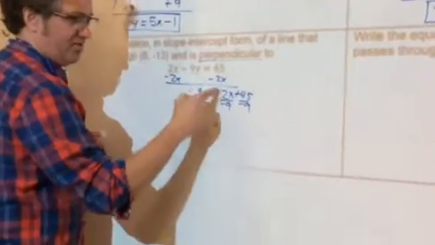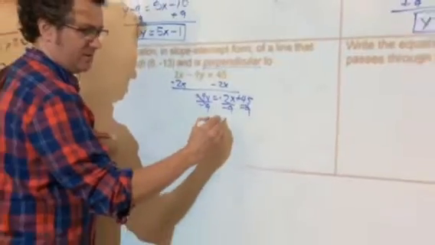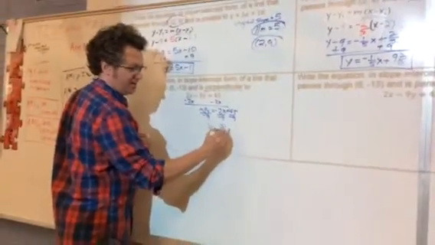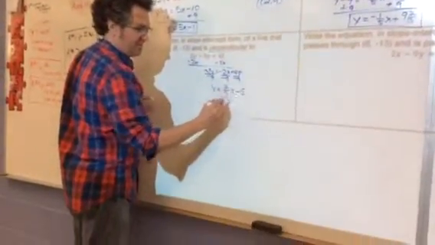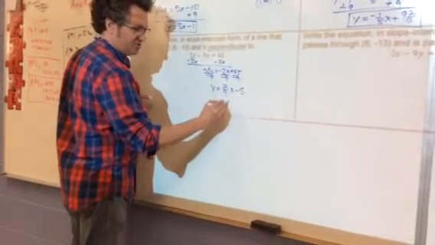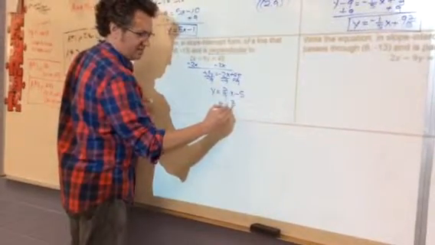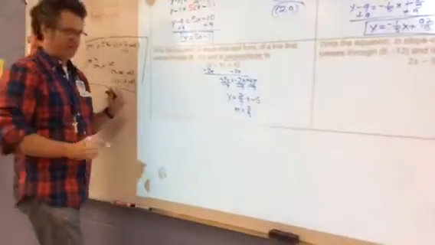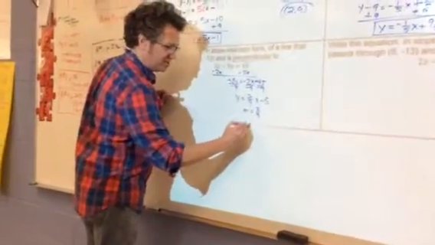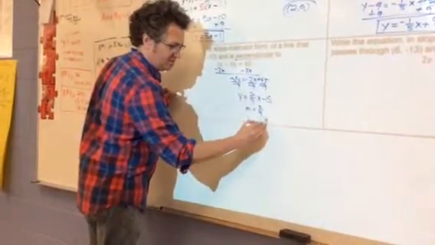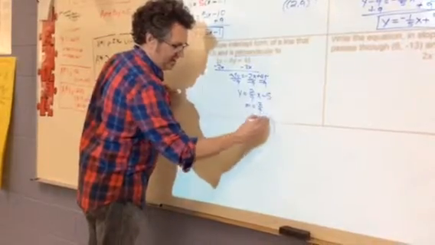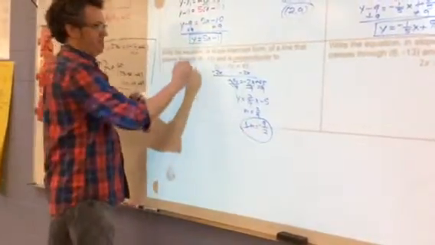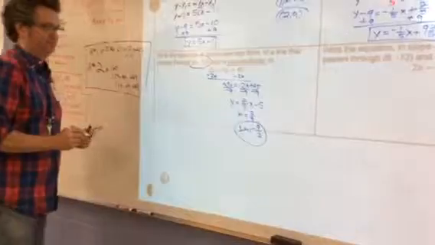I get y, a negative over a negative is a positive, so it's going to be 2/9 x minus 5. So my original slope is going to be 2/9, which means that my perpendicular slope equals negative 9 halves. And it's going to go through this point right here.